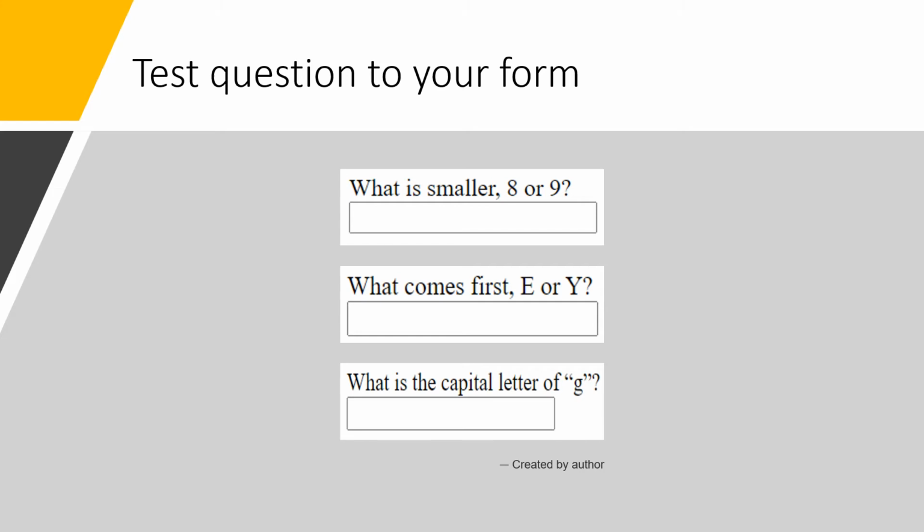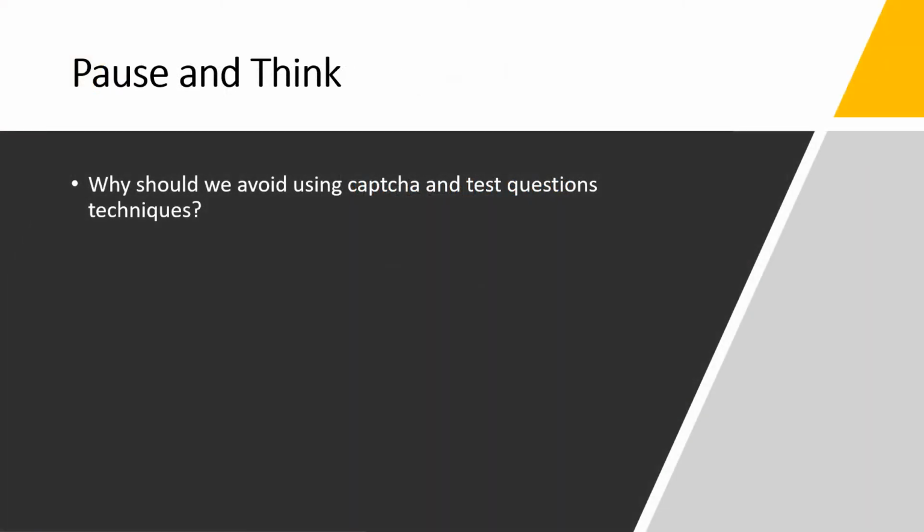So, after we talked about CAPTCHA and test question techniques, there are for sure downsides to using them. So please, pause the video and try to figure out why you should avoid using any of those techniques. Okay, while both options are easy and help prevent spam, I don't recommend them because they interfere with the user experience.